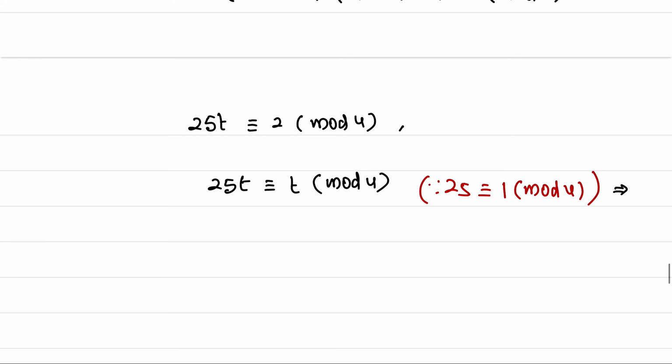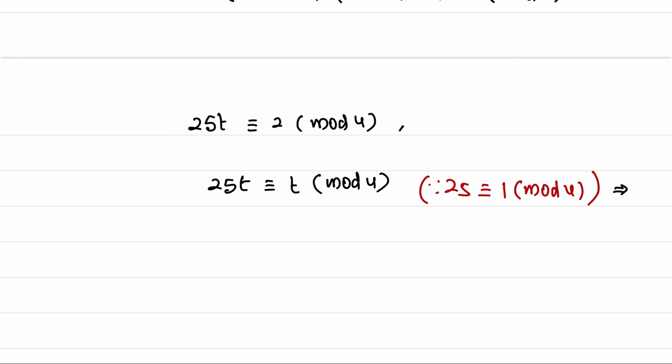From these two we will get, 25t we will replace with t mod 4.